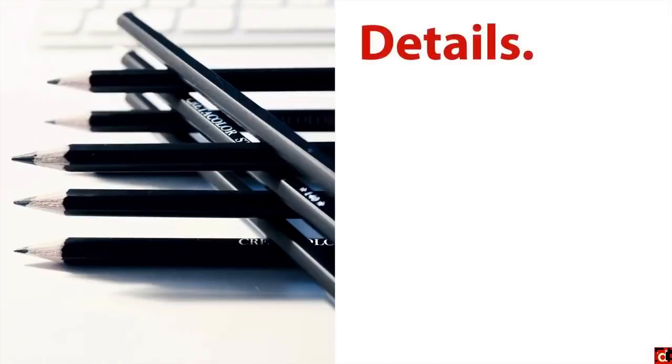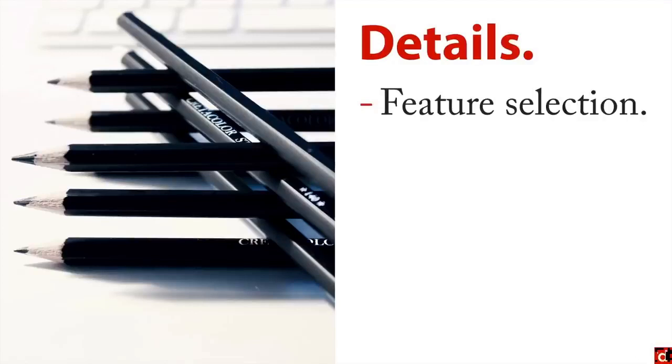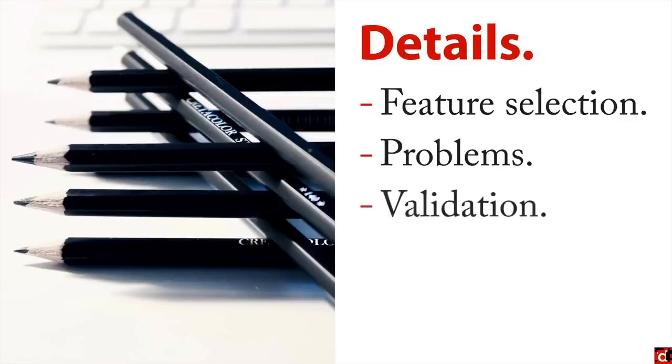Now, one interesting thing about statistics is you're going to have to be concerned with some of the details and arranging things just so. For instance, you get to do something like feature selection. That's picking variables that should be included or combinations. And there are problems that can come up. There are frequent problems, and I'll address some of those in later videos. There's also the matter of validation. When you create a statistical model, you have to see if it actually is accurate.